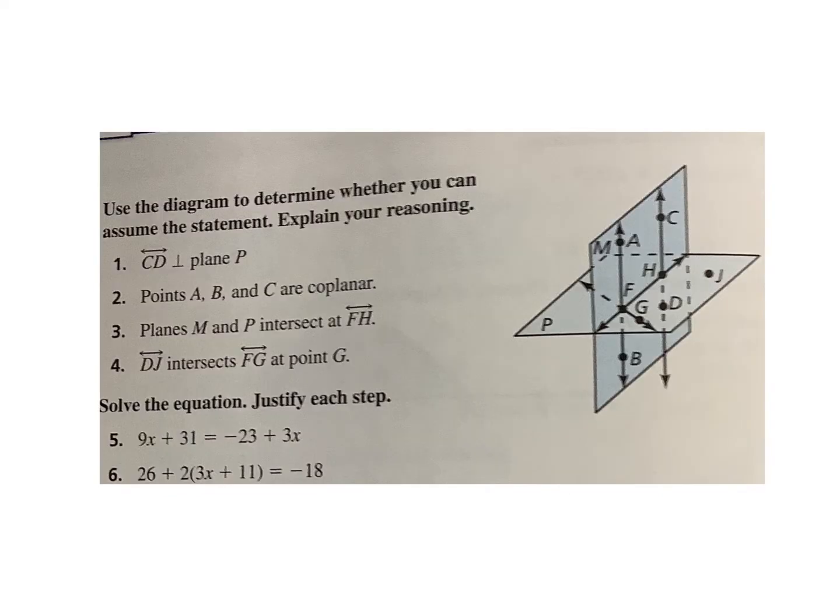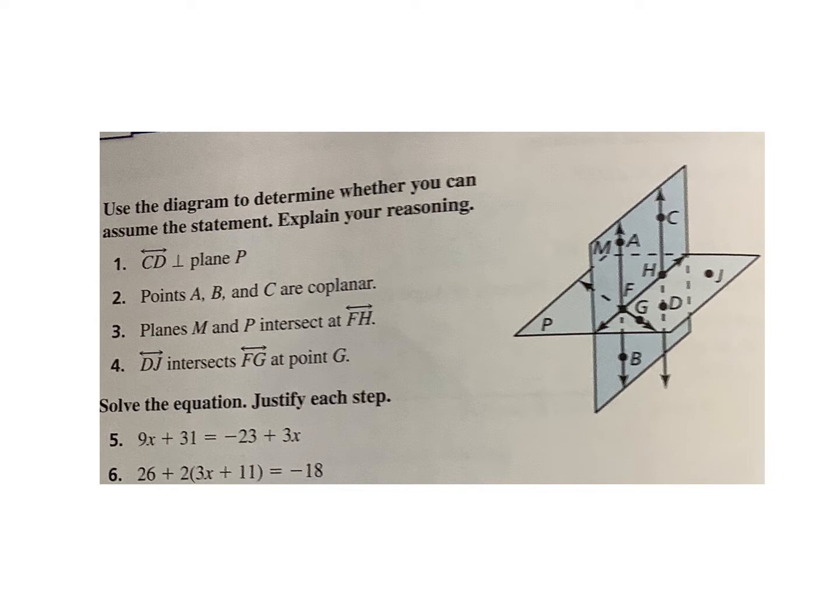Let's go through these. Can you assume that line CD is perpendicular to plane P? Do you see a 90-degree mark? Is there anything else that would say that they are 90 degrees? Then you cannot assume it.